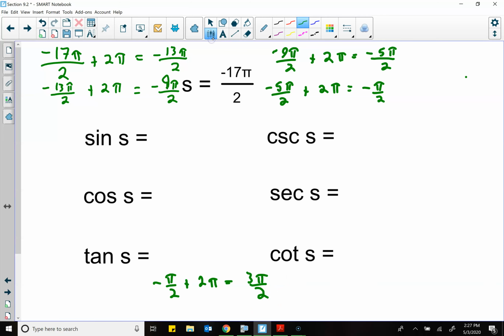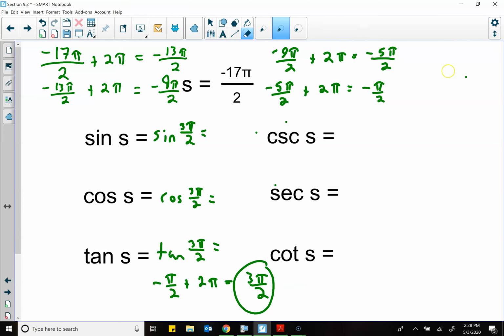We're going to look at not sine of negative 17 pi over 2, but sine of 3 pi over 2, and cosine of 3 pi over 2, and tangent of 3 pi over 2, because all these answers are going to be the same as for negative 17 pi over 2.